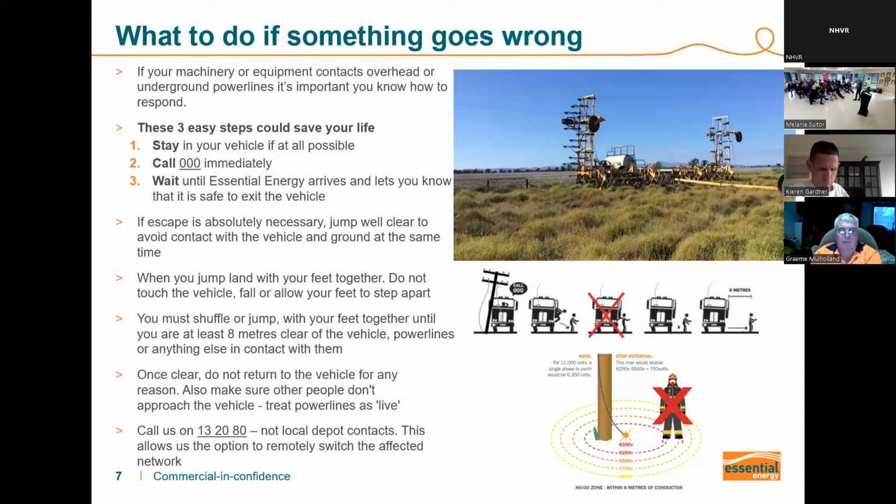What actually happened in both those instances is the people weren't aware that the machine had made contact with the power lines. So go back to your point: if the machine you're operating is operating funny or just doesn't seem right, before you step off that machine, have a look up to see if there are power lines tangled up.